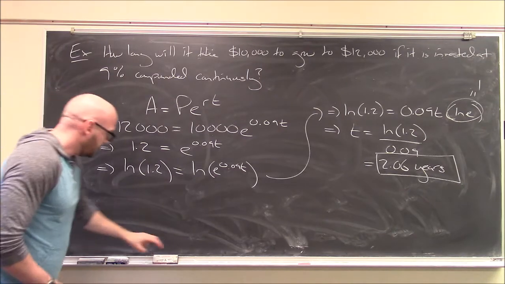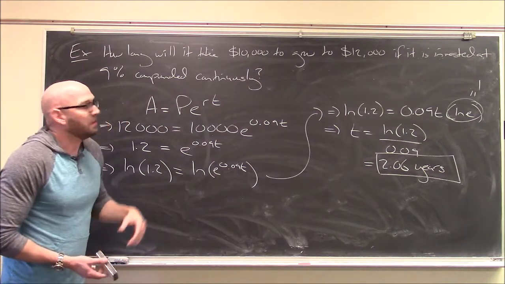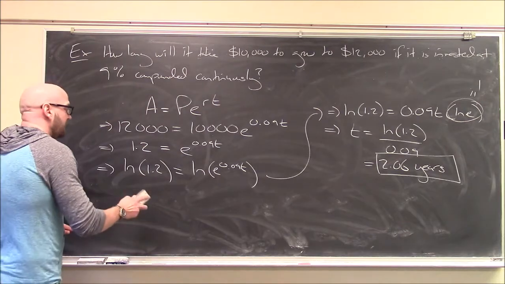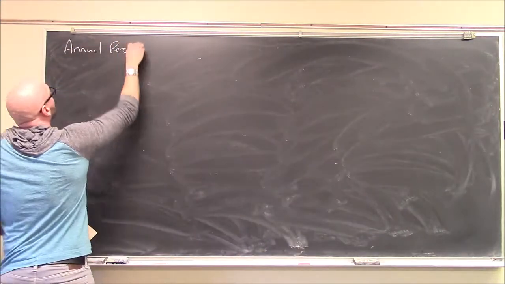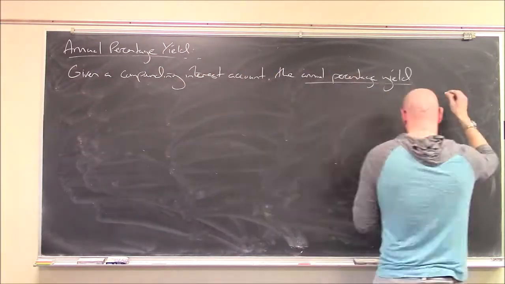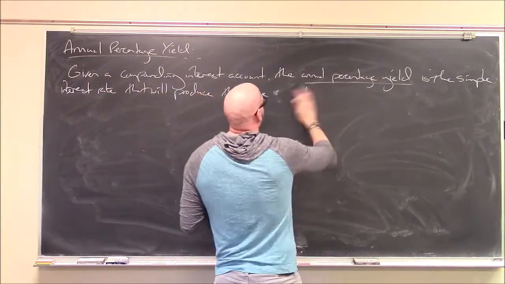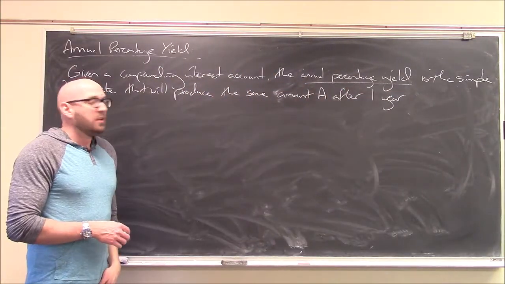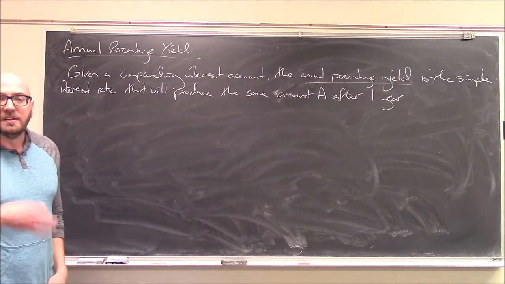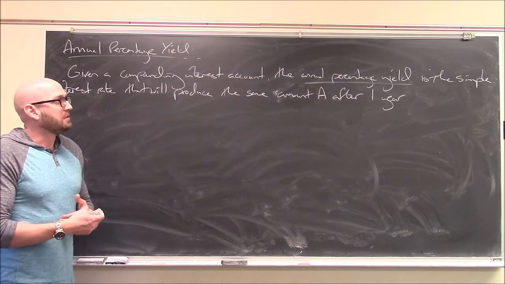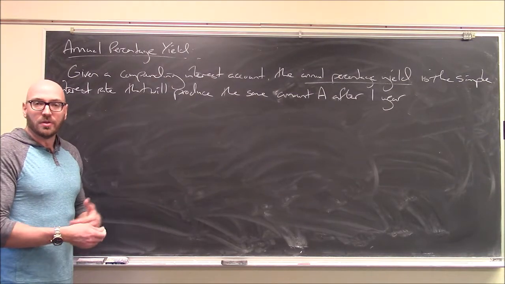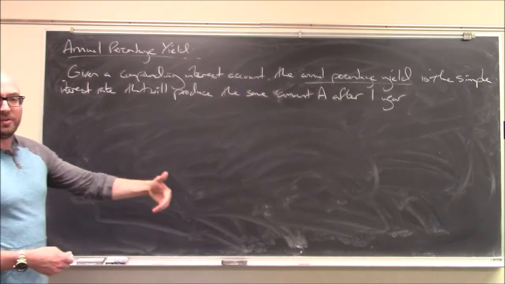We have one more concept left to discuss in this section, which is annual percentage yield. So we've seen that compound interest is a very effective investment strategy. It leads to a larger account balance, a larger value for A, than simple interest would after 1 year, assuming you compound several times during the year.